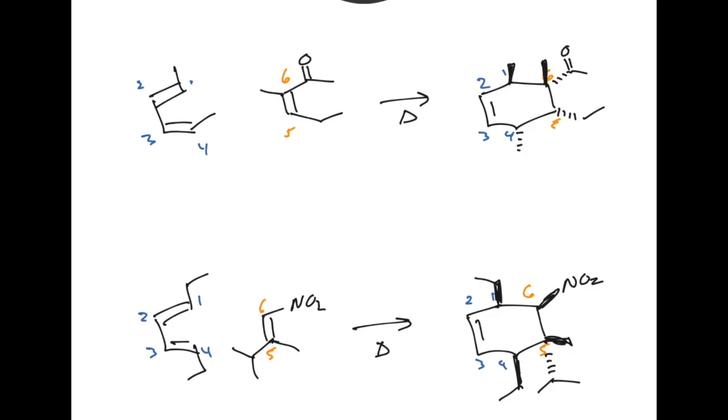All right. So something you may or may not have noticed as I was going through is that in every one of the examples I've given you, one of the two pieces, either the diene or the dienophile, is symmetrical. So if you look at this, there's a plane of symmetry right here. This one is not really symmetrical, but on either side you have a methyl group, right? You're going to get the same thing.